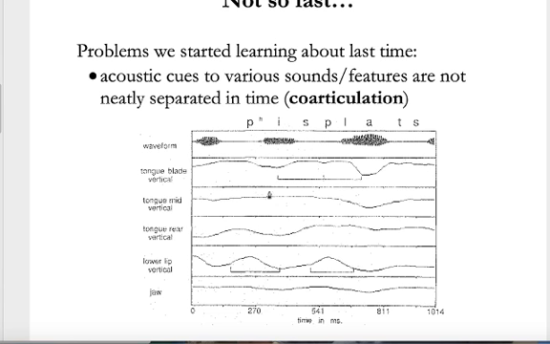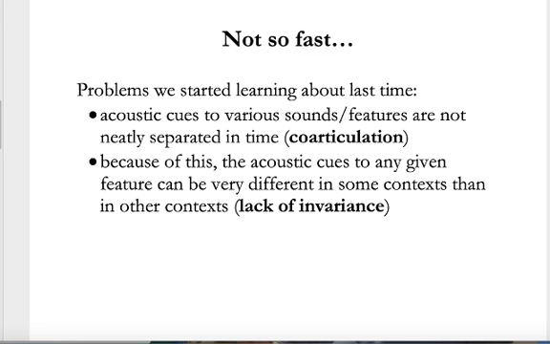That's what co-articulation is. Because of that, the acoustic cues to any given feature can also be very different in some contexts than they are in other contexts. This is the problem we referred to last time as the lack of acoustic invariance.